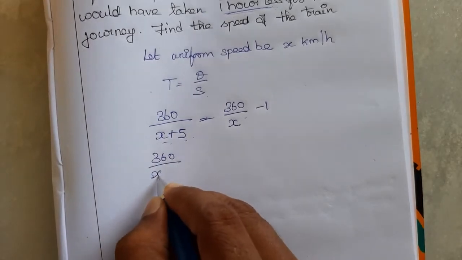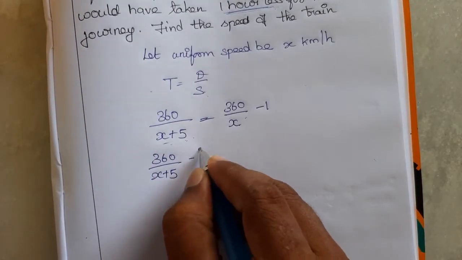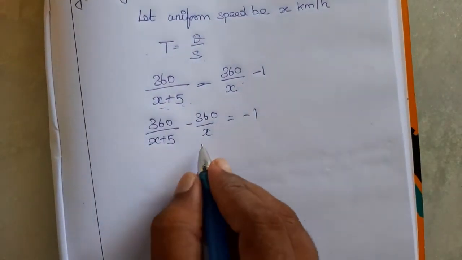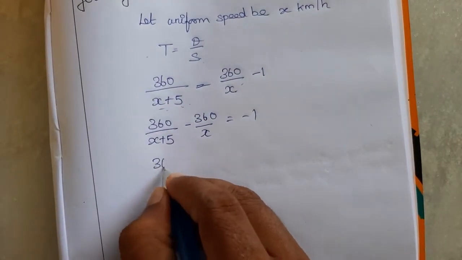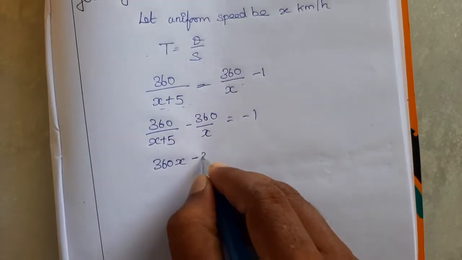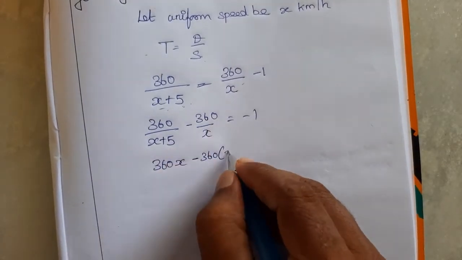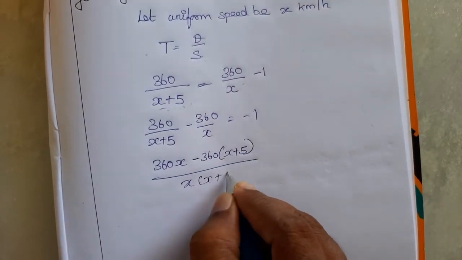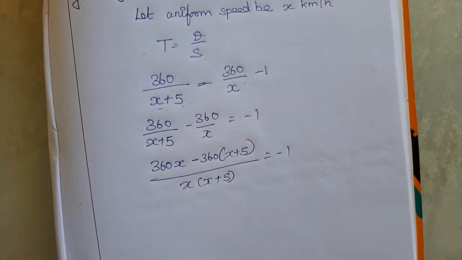360 by (x plus 5) minus 360 by x is equal to minus 1. Cross multiplying, taking the LCM, we get 360x minus 360 into (x plus 5), divided by x into (x plus 5), is equal to minus 1.